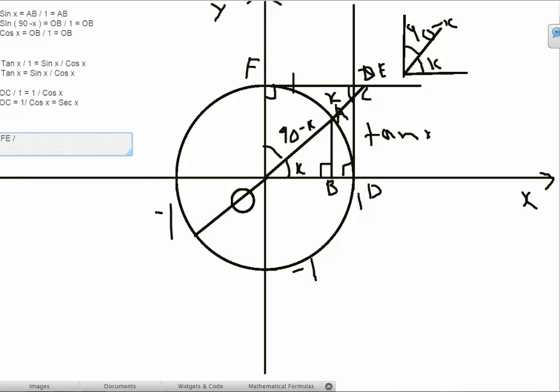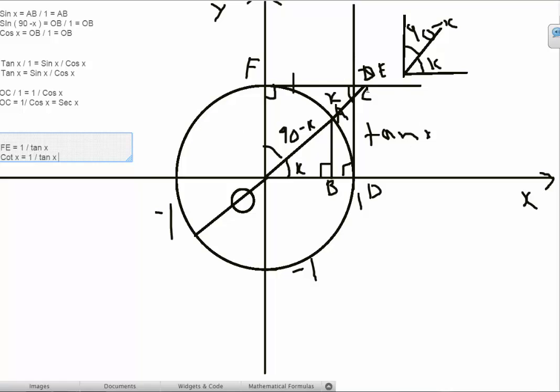No, let's take OF, it'll be simpler. OF, which is 1, is the same as this length in OCD, which is 1, divided by tan x, this length. So we get FE equals 1 over tan x. Therefore, we've just proven that cot x is 1 over tan x.